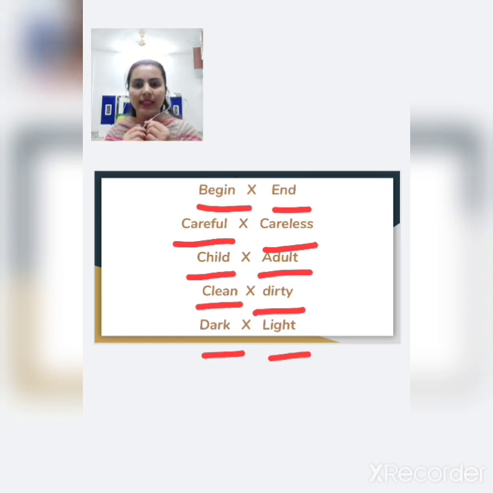Next is child, and the opposite of child is adult. Next is clean, and the opposite of clean is dirty. Next is dark, and the opposite of dark is light.